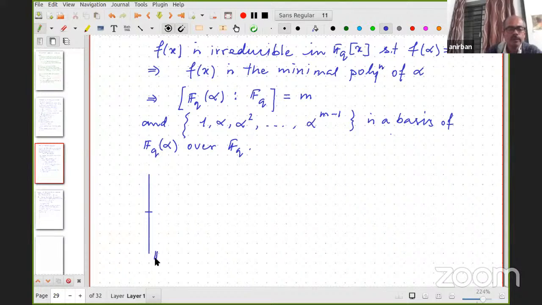We have F_q(alpha), which is sitting inside F_{q^n}, and this extension has degree m, and this has degree n.